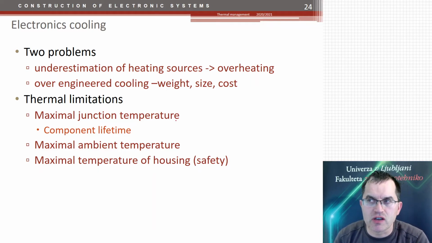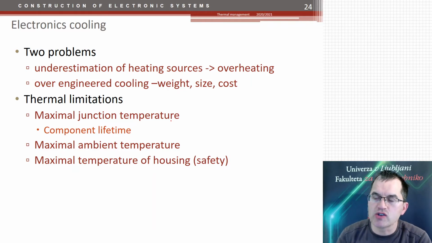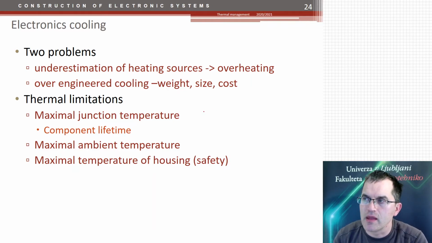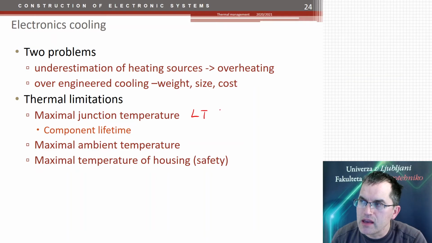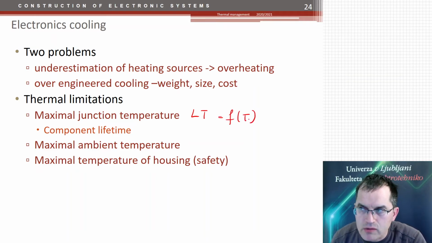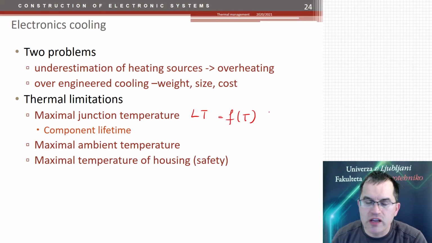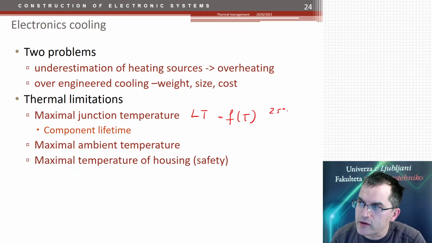What is the maximum junction temperature of the component, which actually depends on the component lifetime. So the component lifetime is a function of temperature mostly. And we say that for each 10 degrees Celsius increase in temperature, the component lifetime decreases by a factor of 2. So if for 25 degrees Celsius we have, I don't know, 100 years, then for 35 we have 50, for 45 we have 25, and so on.